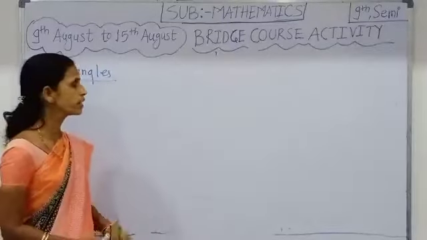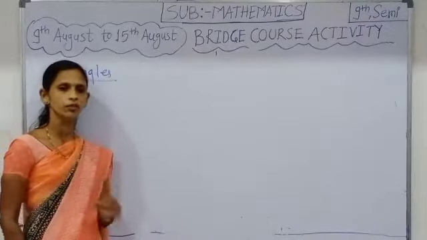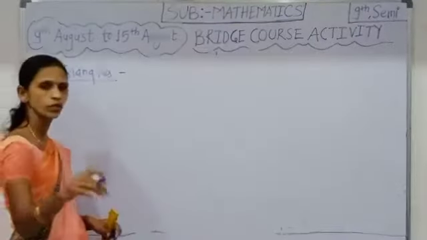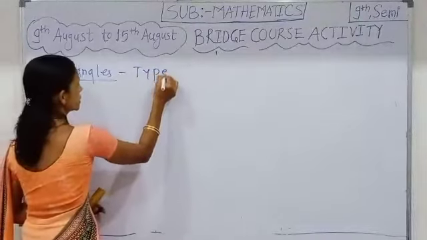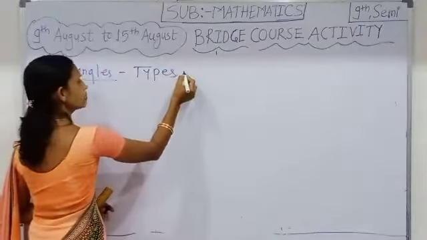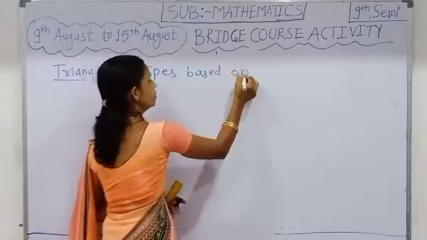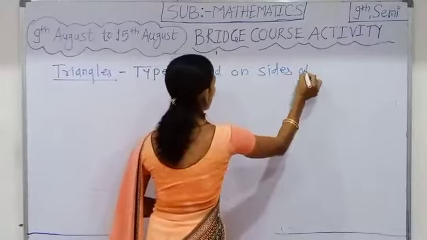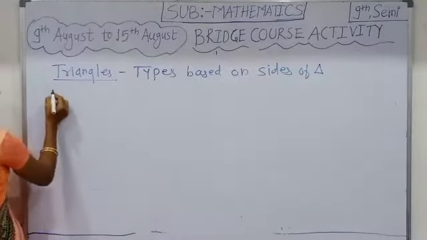Then we will study a few basic concepts related to geometry. Triangles. All of you have studied triangles and their types. See here, types of triangle based on the sides of the triangle. There are three types.